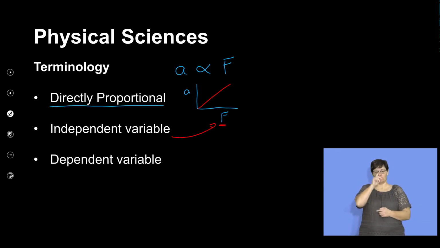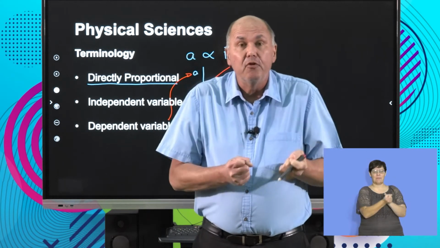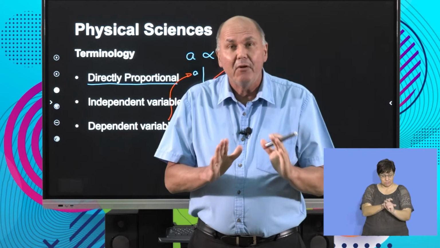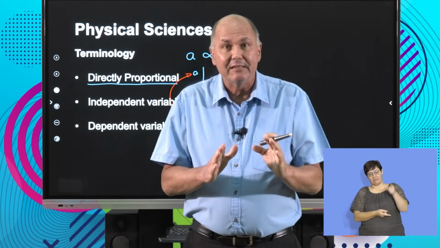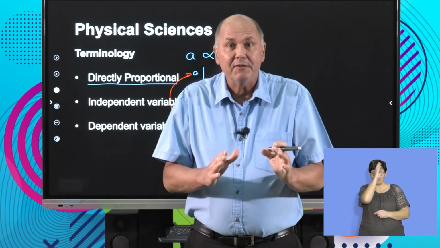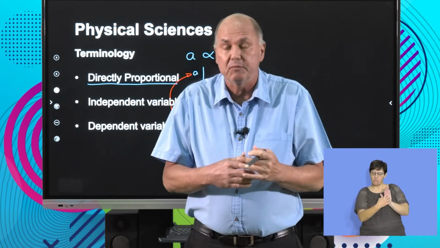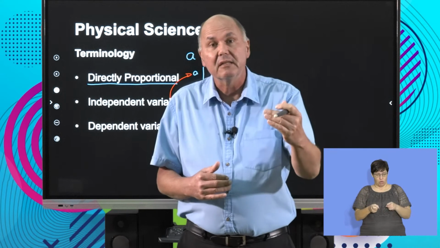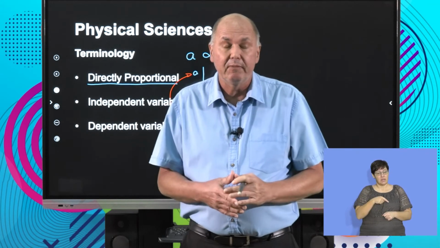It's this force F that we're going to be controlling here, and the acceleration A is the dependent variable. It's the outcome, the result of you applying a force to an object. So please bear in mind these factors as we're looking at graphs and thinking about relationships. Which one are we controlling? Which one is a result of the experiment that we've set up?